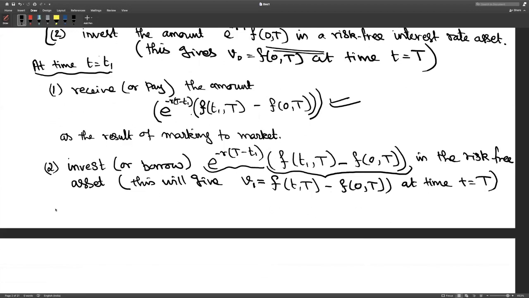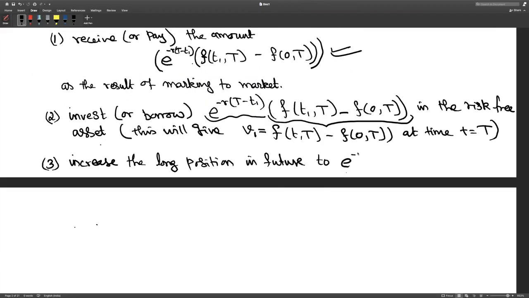Now what you do is you increase your long position in the future to e to the power of minus r (capital T minus T2). That is the next time step. Again, this will come with no cost, right? Now let us see what will happen to this portfolio. Let us denote this portfolio by Pi 2, and it is constructed at the time T1. At time T2, what happens?